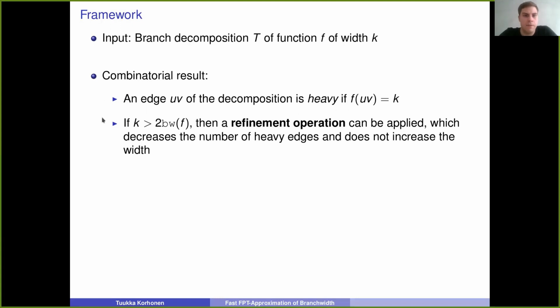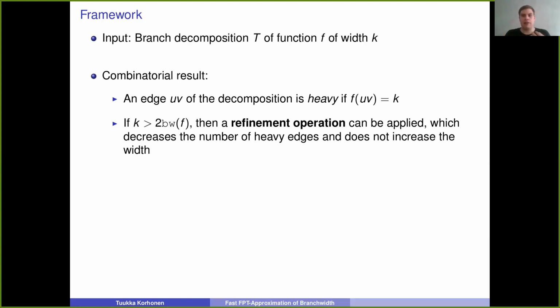We show that if the width of this given decomposition is more than 2 times the branch width of this function, then a specific refinement operation, which I will define in the next slide, can be applied, which decreases the number of heavy edges and does not increase the width of the decomposition. So by applying one refinement operation, we get rid of at least one heavy edge.